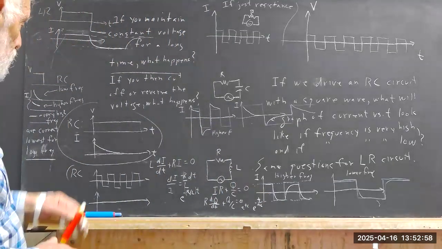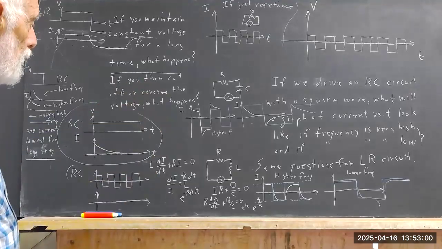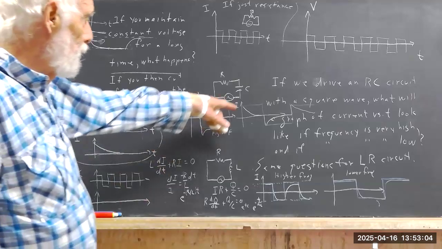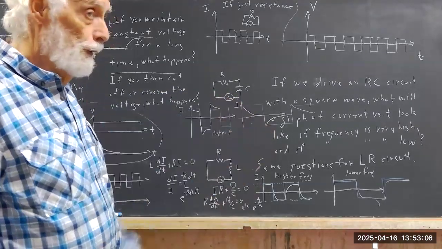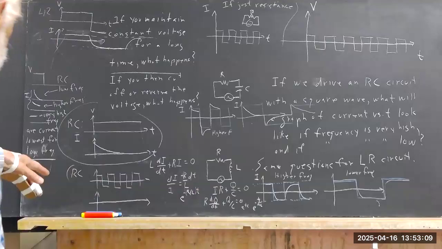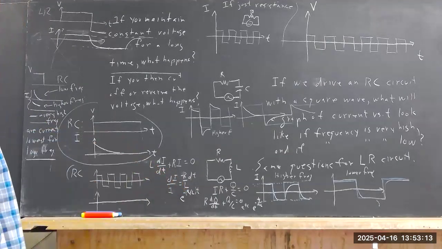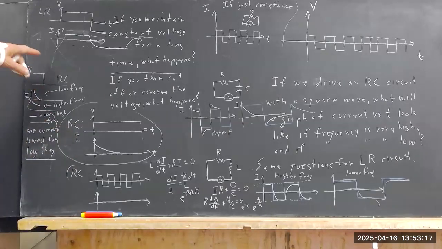I wrote that way too small, but we did it last time. So just to connect this in some way, there's your e to the negative t over RC there. And over here, it would be like your e to the negative R over L t. Okay. I think, no, that's RC. Yeah. Okay.